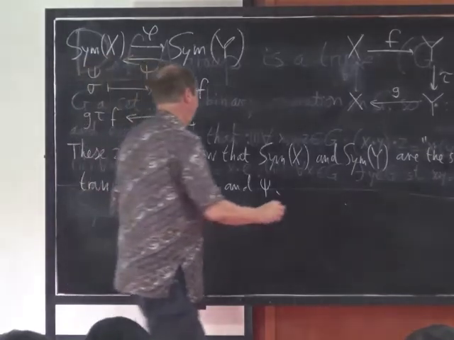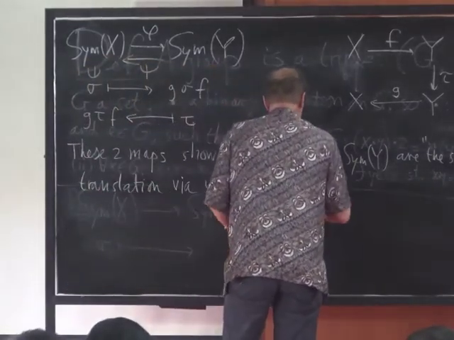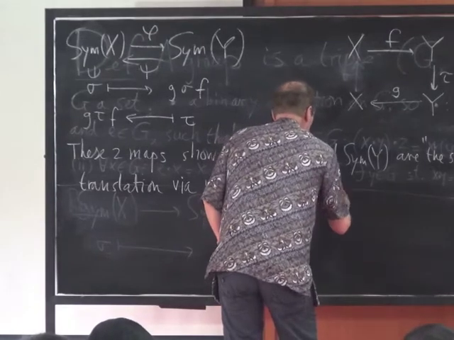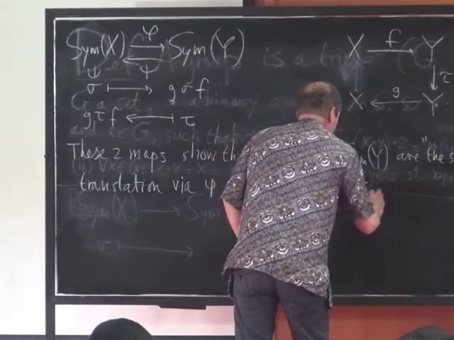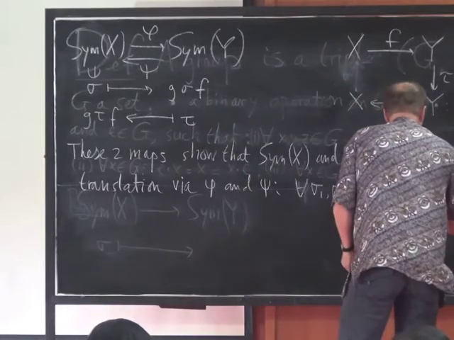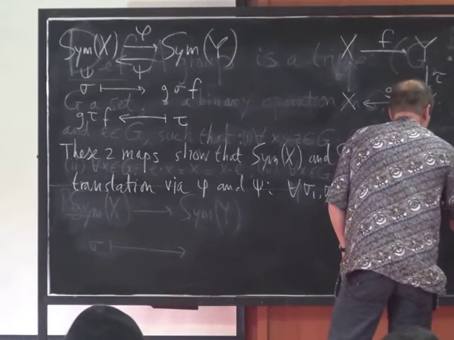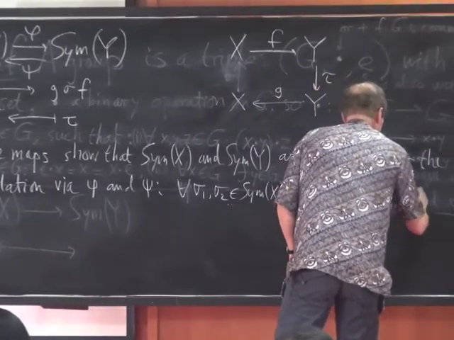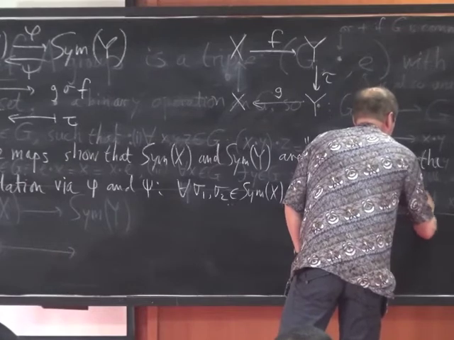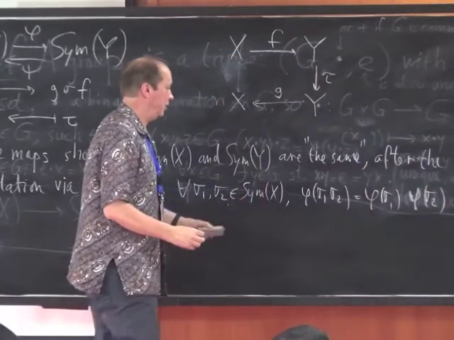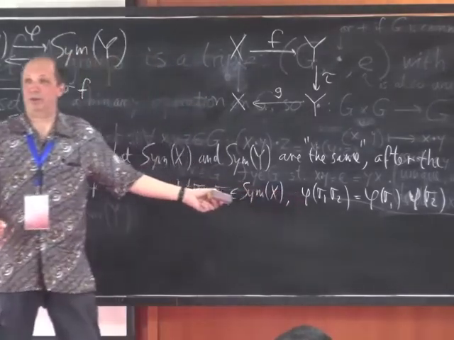So for every sigma 1, sigma 2 in Sym x, phi of sigma 1 sigma 2 is the same as phi of sigma 1 times phi of sigma 2. Here something happens, and this is important.